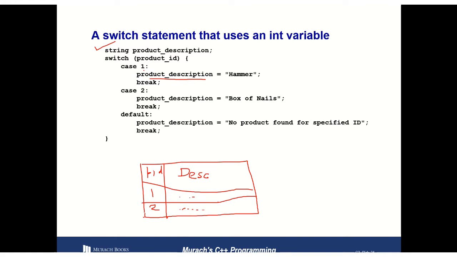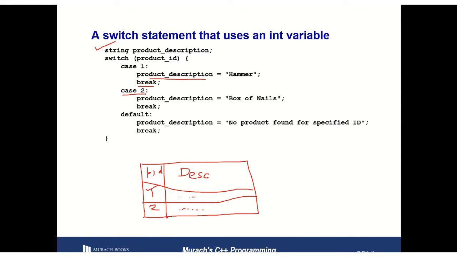If the case equals 1, let's say, then you are at the first row, and you have a product description, let's say hammer, then you do a break. If you don't put the break keyword, then it will proceed. That's not what you want. We will see later what's going to happen if we don't put any break.